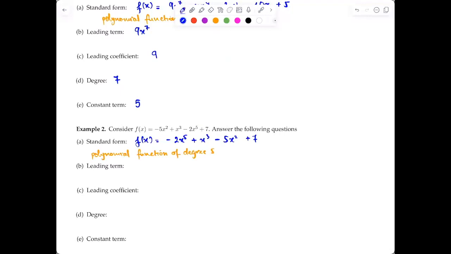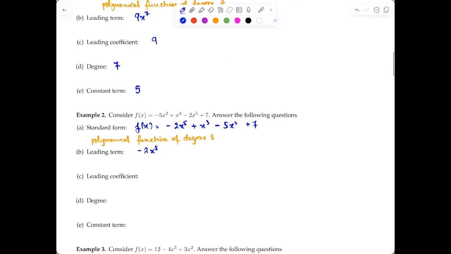The leading term is negative 2 times x to the power 5. The leading coefficient is negative 2. The degree is 5. And the constant term is 7.